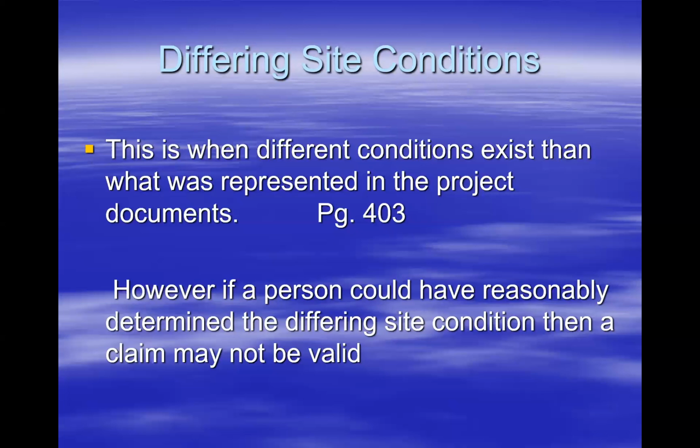Once you uncover stuff like that, it should start causing some concern that there would be a potential for differing site conditions, or things like asbestos, or maybe lead paint, or things with mercury, or some of those things that are considered hazardous.